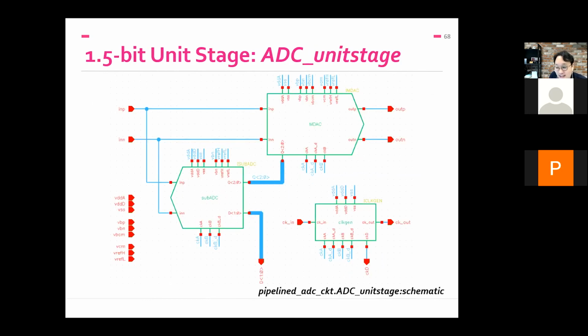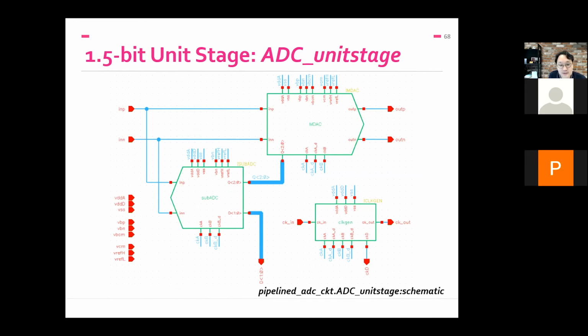So finally, there's an ADC unit stage that will digitize 1.5 bit information from the preceding stage and propagate the residual information to the next stage. What you notice is that once you model the basic components, as you go up the hierarchy, you just see a collection of these components, and there's nothing additional to do.